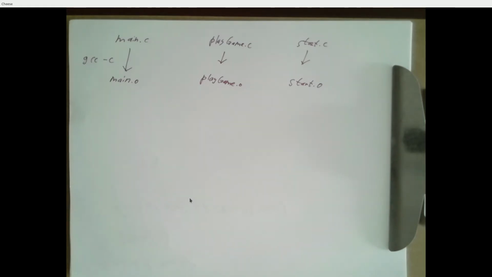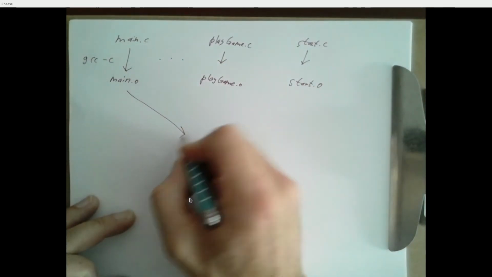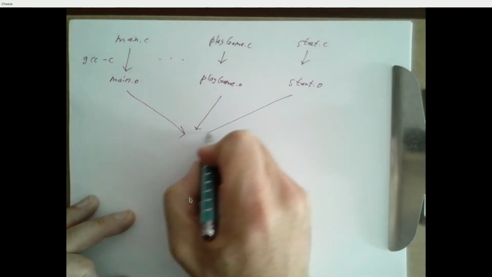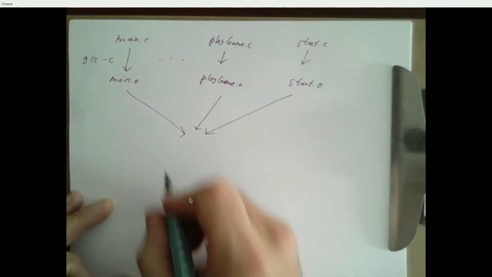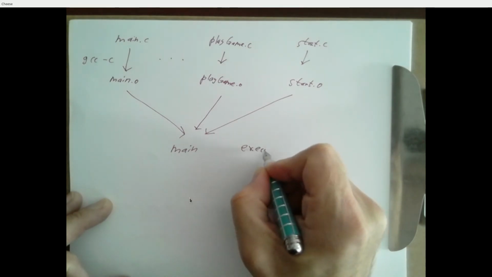But these object files are made for the machine to ingest. So to process those is relatively straightforward. And there's other things in here. So these .o files can get assembled into something like main, which is an executable.